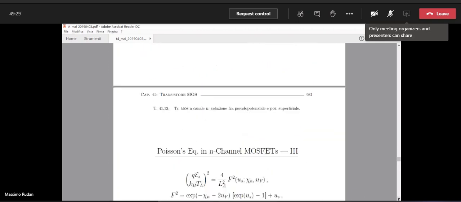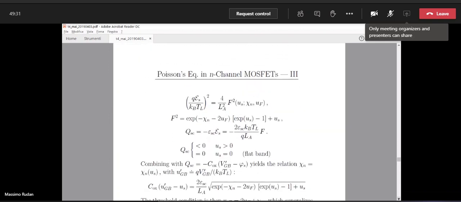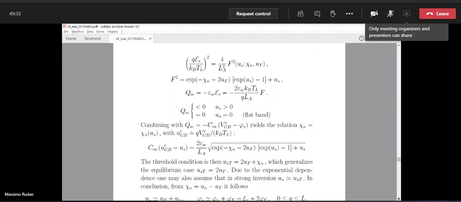So in conclusion, if you remember the analysis carried out on the MOS capacitor, after the integration, we find out that the left-hand side is like the square of the surface electric field of the semiconductor ES normalized to Q over KT.